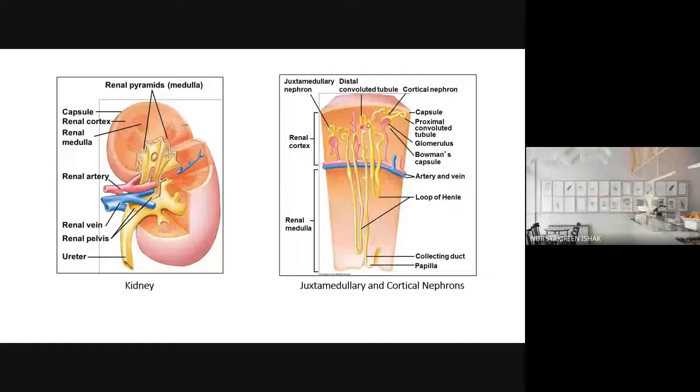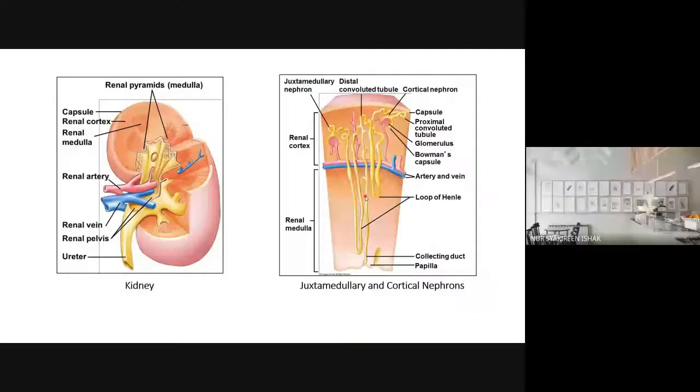If you look at the structure of the nephron, the tubule starts with the Bowman capsule, the proximal tubule, the loop of Henle, descending and ascending. We have the distal convoluted tubule and then it enters into the collecting ducts. Actually, the collecting duct is not part of a nephron. The collecting duct collects the filtrate produced from all the processes that occur in the nephrons.